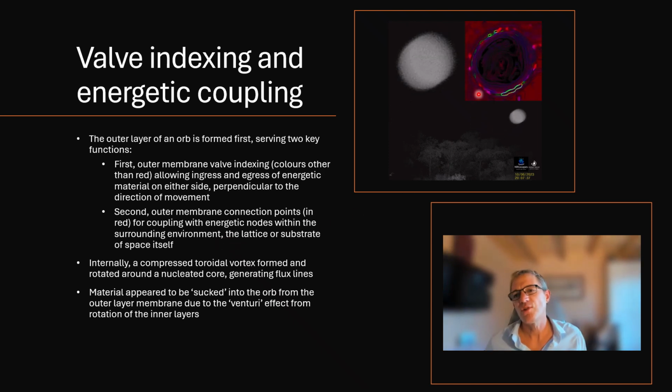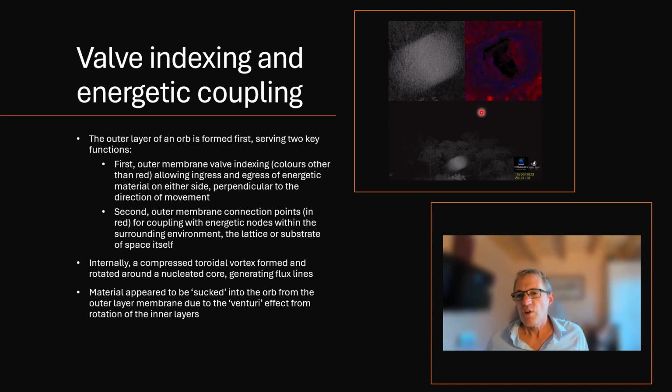Now you can see those red Doppler shifted nodes, we call them lattice nodes, around that orb, and they also form pretty quick and connect with these nodes in the substrate of space itself, and to pull itself through in the direction of motion.